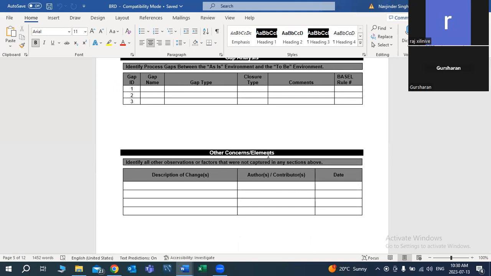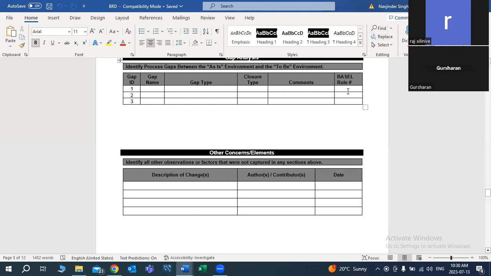Followed by this, if there are any changes in reference to the application you are making, those changes, if any, have to be updated here. Understood?